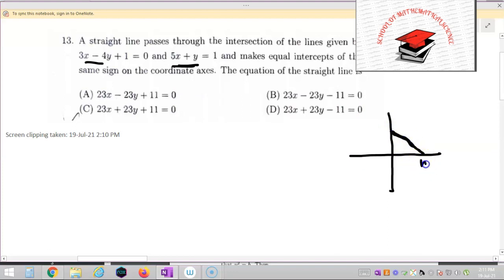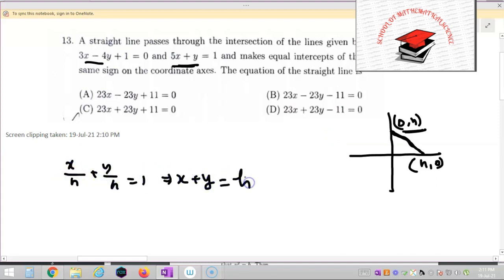If this is h, that would be (h, 0) and that would be (0, h), right? So I am considering the positive case. The equation of a straight line whose intercepts are (h, 0) and (0, h) is x by h plus y by h is equal to 1, so x plus y is equal to h. Now this straight line passes through the intersection of these two straight lines, so we need to solve these two equations.